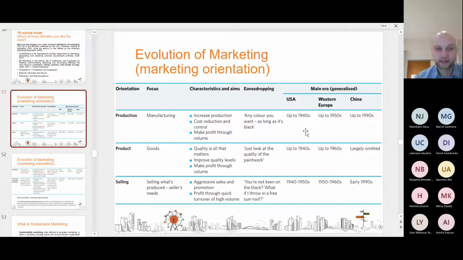The next one is selling. So selling what is produced was the main idea of this marketing orientation. One of the most successful companies who are still using this selling orientation are Coca-Cola and Pepsi.